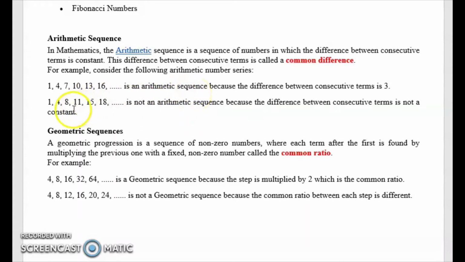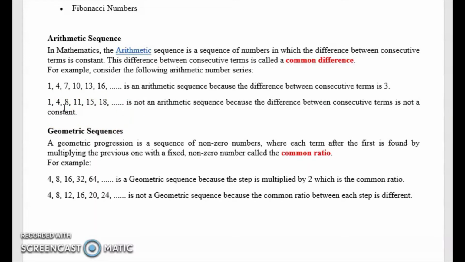We have here also example number 2. We will identify if this is an arithmetic sequence or not. 1, 4, 8, 11, 15, 18. First, the difference of the first two numbers is 3.